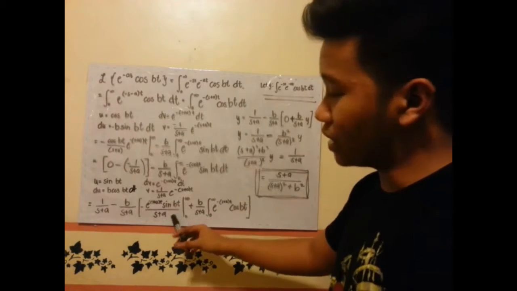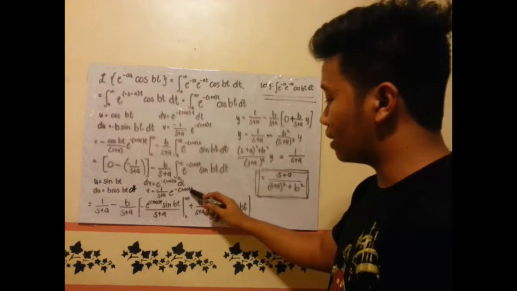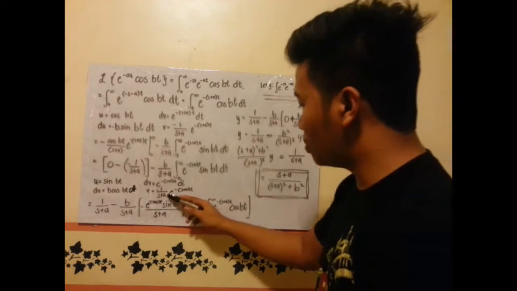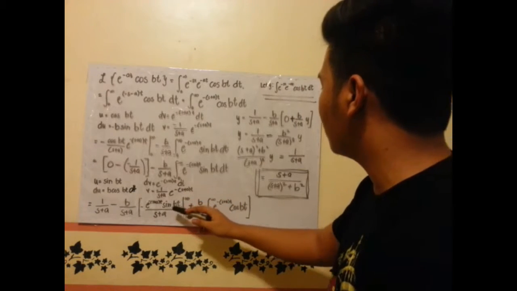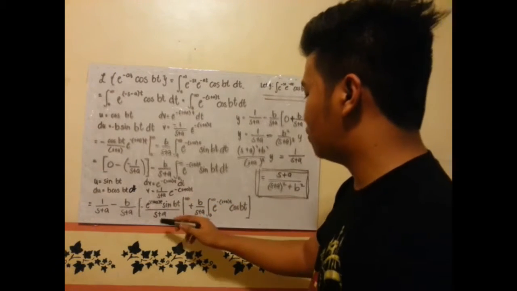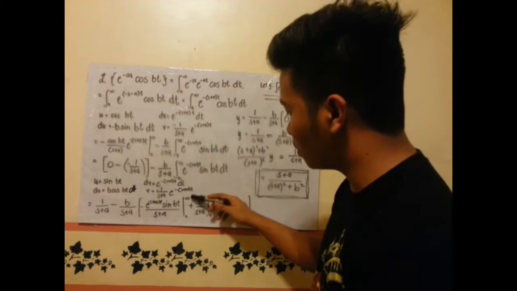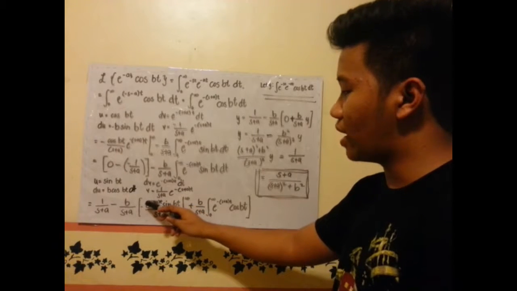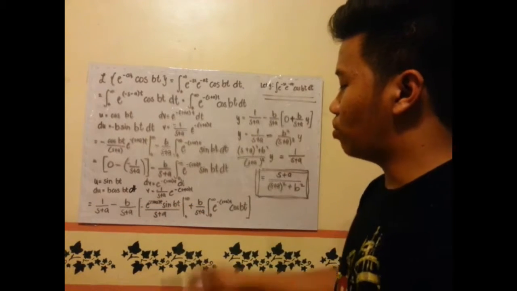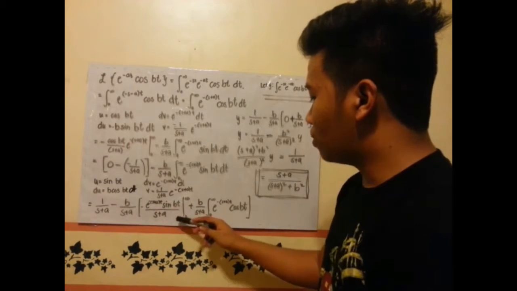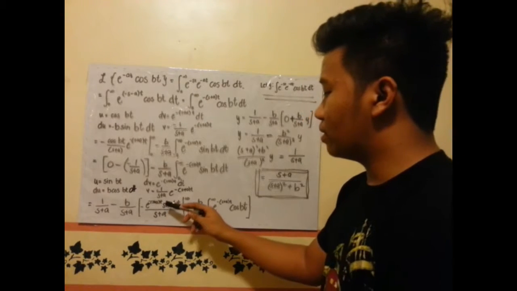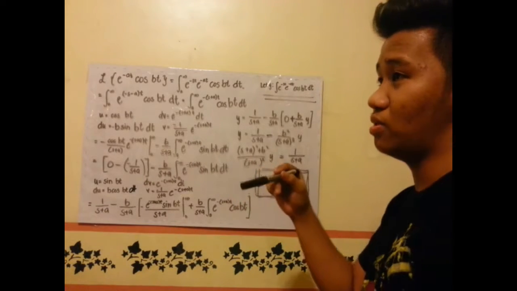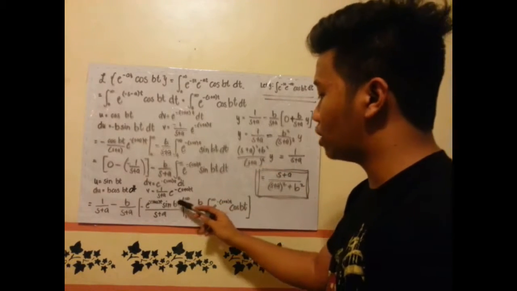Here we're going to plug in our limits again. We have a zero value here because when you substitute infinity in the exponent, which has a negative value, the result is 0. And sine b times 0, which is sine 0, is also equal to 0. That's why the expression is 0.